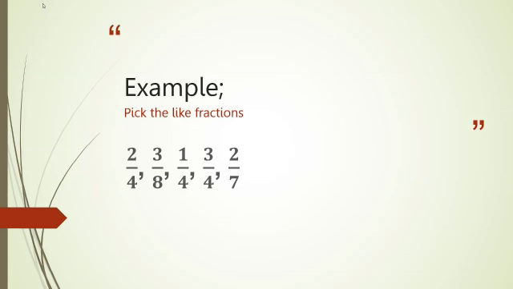The fractions having the same denominators are called like fractions. Here 2 over 4, 1 over 4 and 3 over 4 are the like fractions because they all have the same denominators.